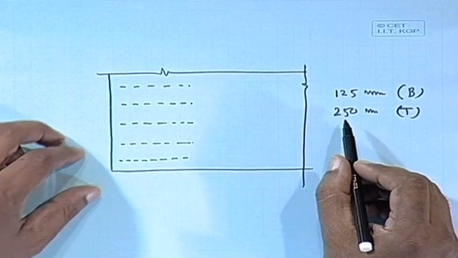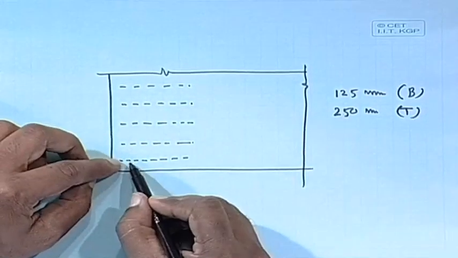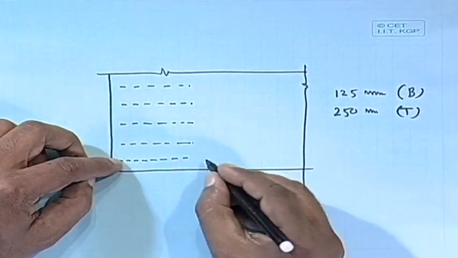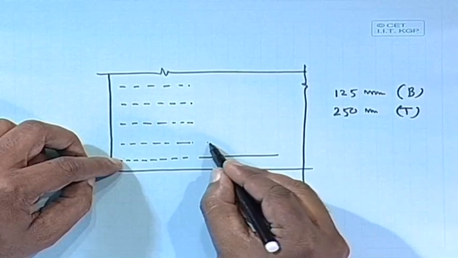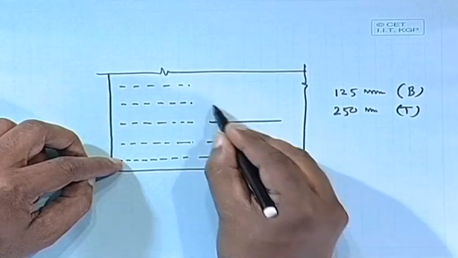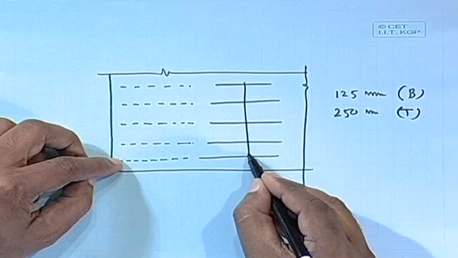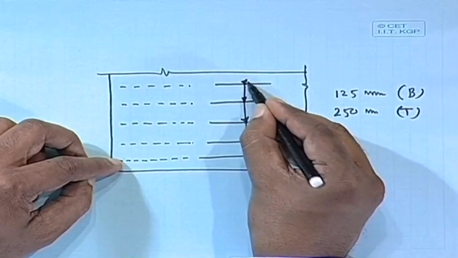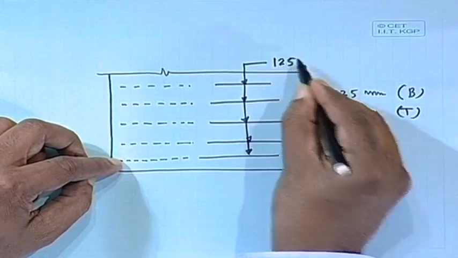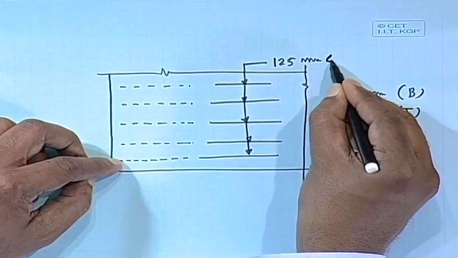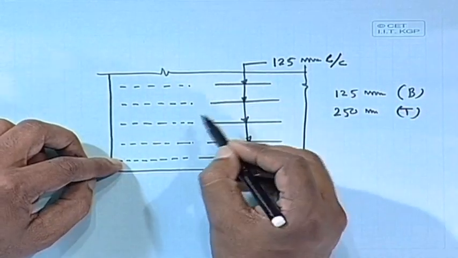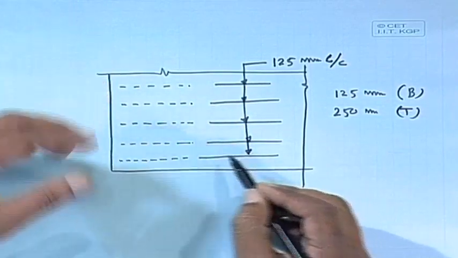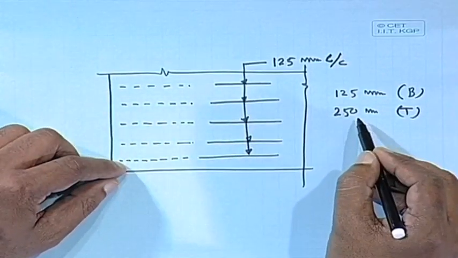Then the bottom bars are 125 millimeter center to center, and the top alternate one we are making crank. So, we can specify this one as 250.